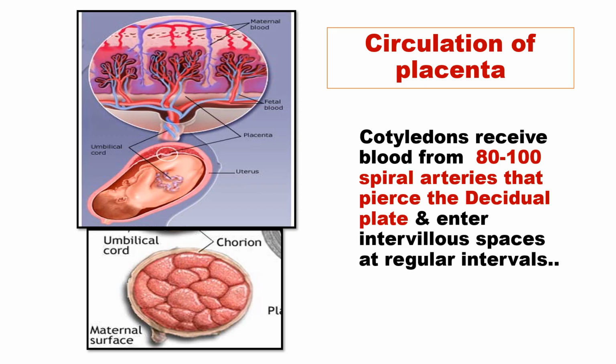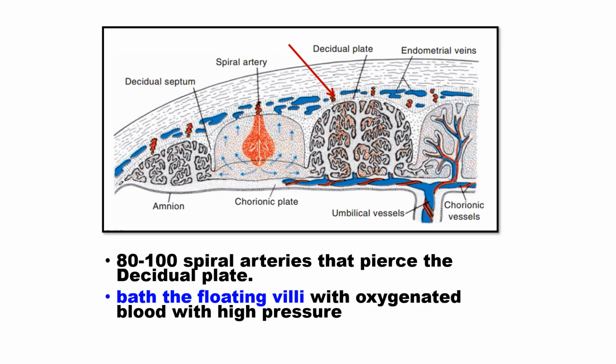Coming to the circulation of the placenta, the cotyledons receive blood from 80 to 100 spiral arteries, which pierce the decidual plate and enter the intervillous spaces at regular intervals. These 80 to 100 spiral arteries bathe the floating villi with oxygenated blood at high pressure.